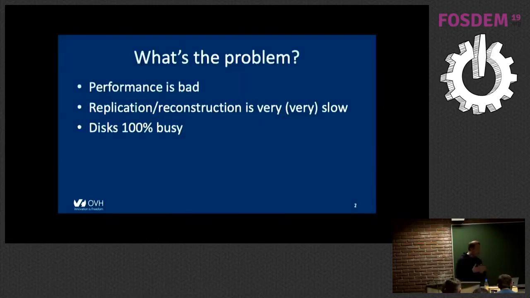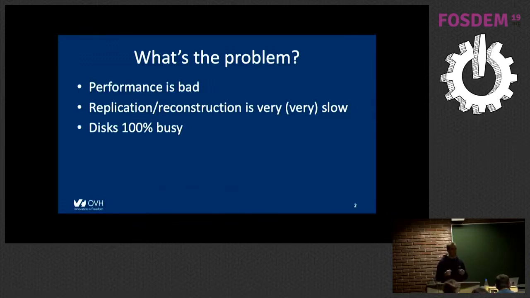What were they? Well, first, the most obvious, we had performance issues. We saw that especially on latency. When a user requests an object, if he gets it in 30 milliseconds, that's okay. If it took hundreds of milliseconds or even seconds, it's not good. We also had an issue with the replication and reconstruction process in Swift.